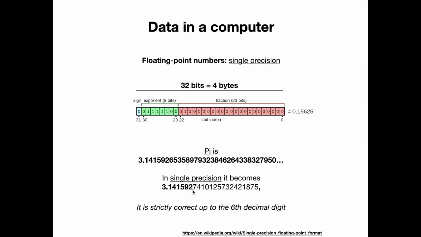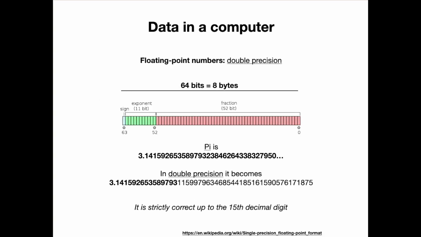You will limit the number of decimal digits to 6. So in single precision, you will lose the information which is there. So the number will be strictly correct only up to the 6th decimal digit. So this is for the case of a single precision floating point number.